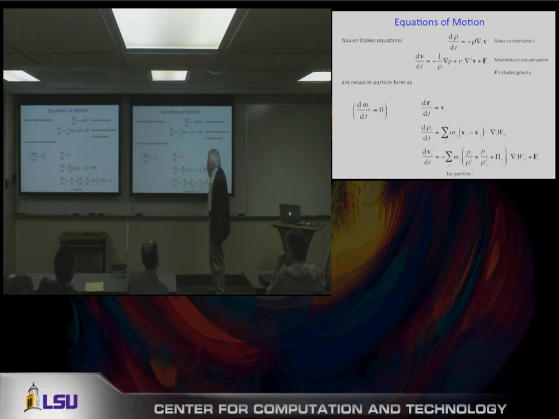So I didn't show you that, but what we have is for each particle, the mass doesn't change with time. So that's one equation. We don't have to do anything with that. The particles are going to move with the velocity of the fluid. So each particle's position will change with time depending on the velocity. The density will change because of the conservation of mass equation, but it depends on this analytical function, right?